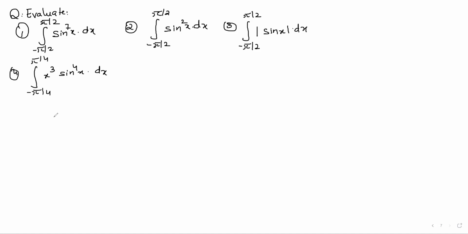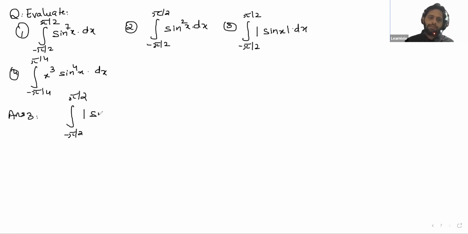Okay, let's say you have a doubt in this. So this is minus pi by 2 to pi by 2 modulus sin x dx.